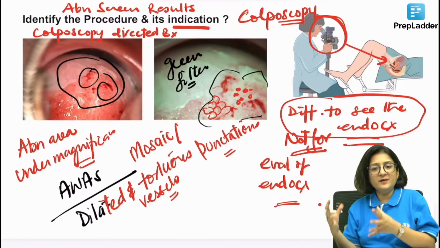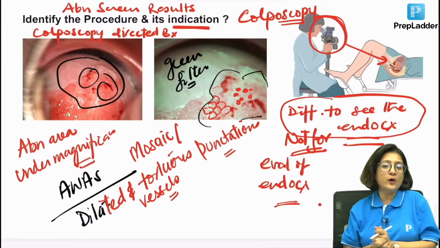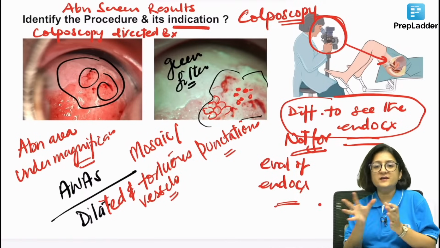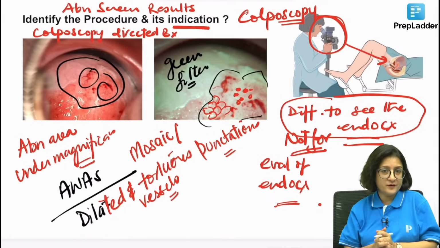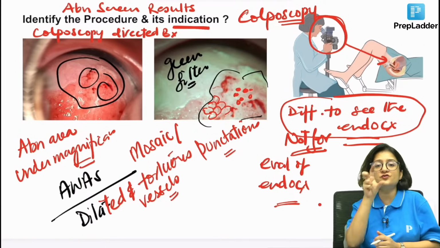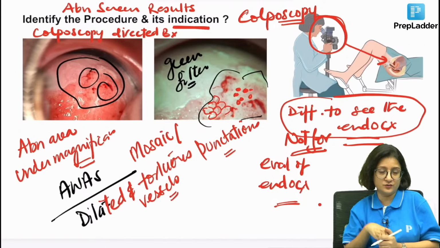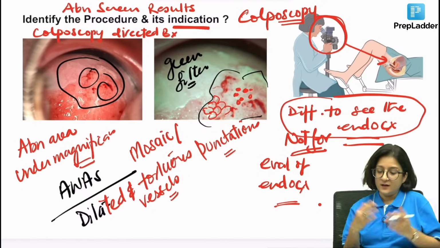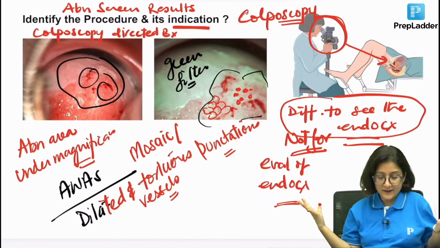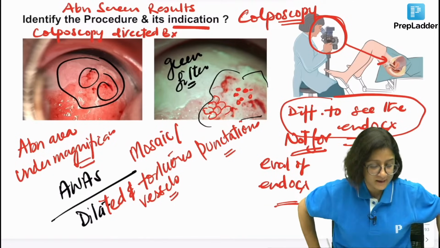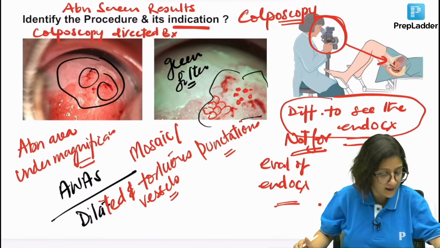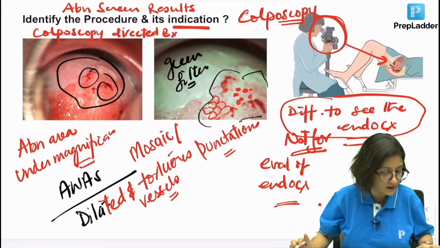Even when patients present with postcoital bleeding, there is utility in doing colposcopy, because it allows us to see the cervix under magnification, so something missed by the naked eye can be picked up. So this is in a nutshell all the important images and pointers.